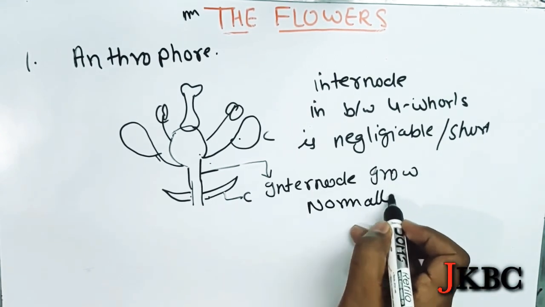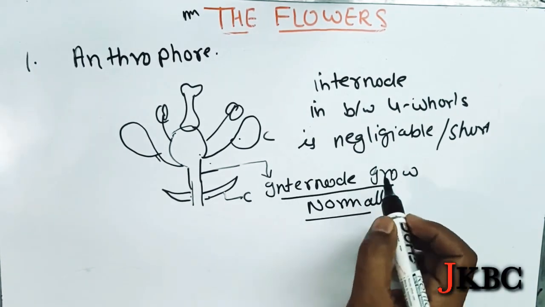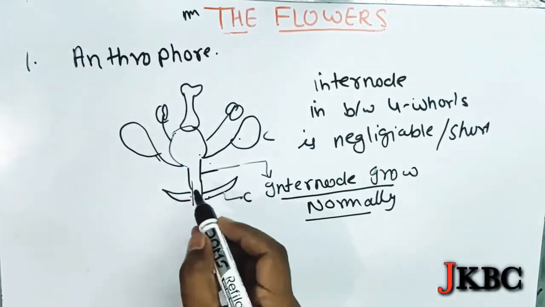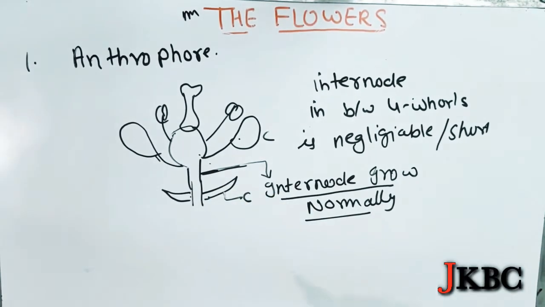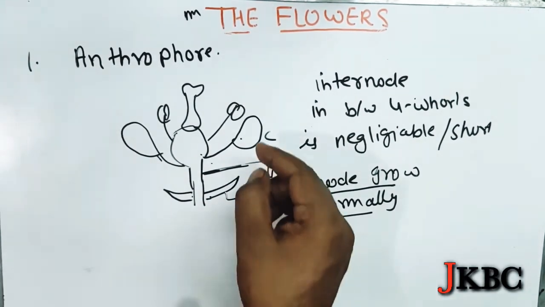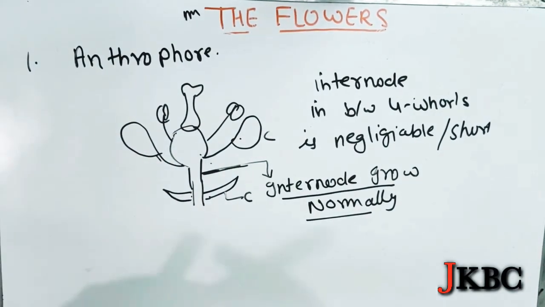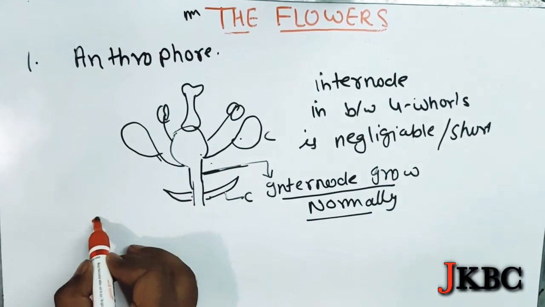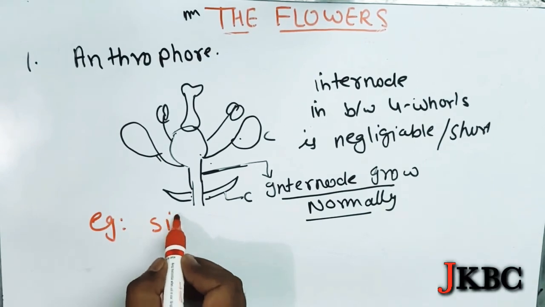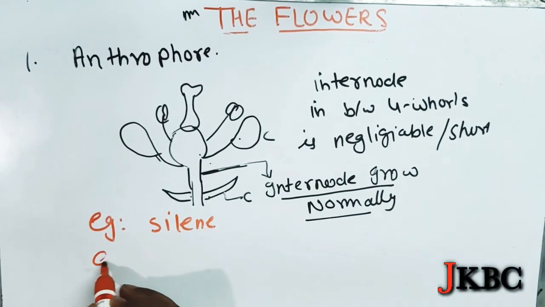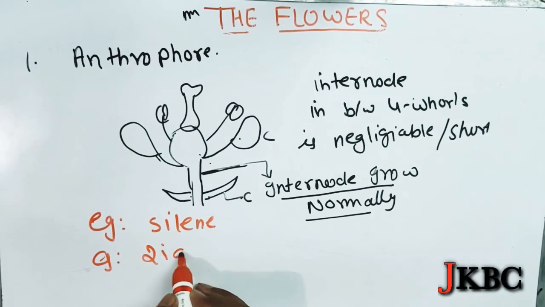That means this internode has grown more in comparison to the other internodes. So the gap in between the calyx and corolla is more. That is called anthophore. The first example is Silene. Now the second example is Dianthus.